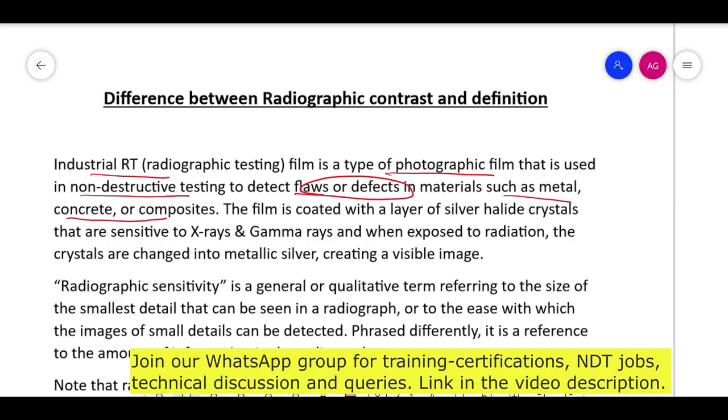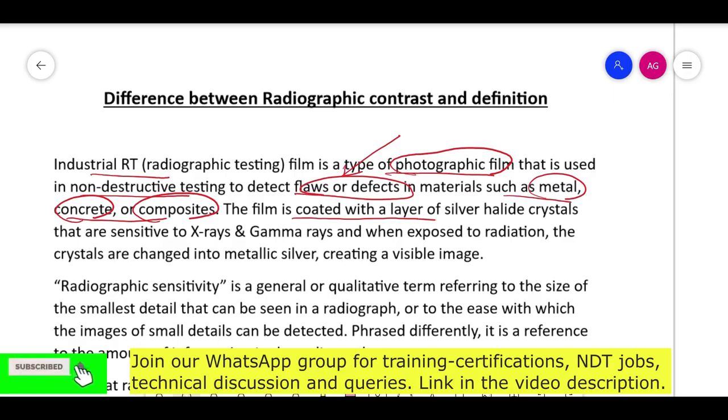So when we do RT, the material can be metal, concrete or composite. Your film is a type of photographic film that you have to use on it. Whatever material you have, whether it is metal or a part, its image will be formed. And if there is any defect in it, you will get it.